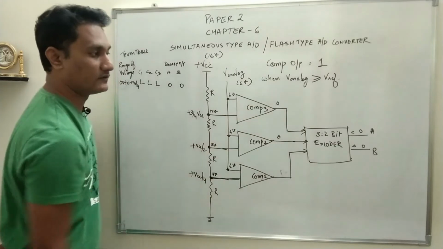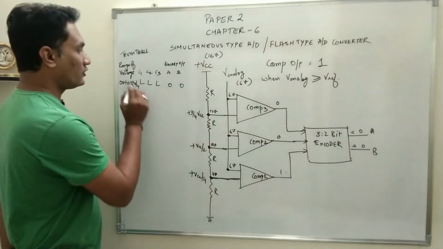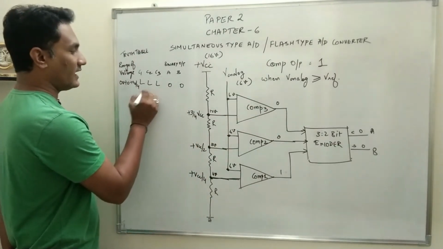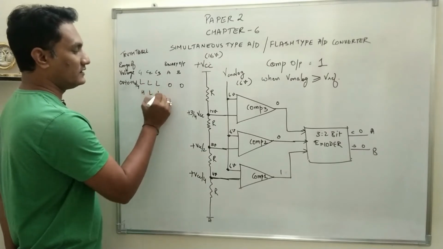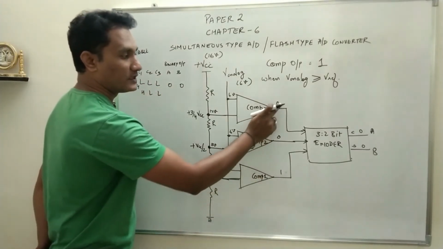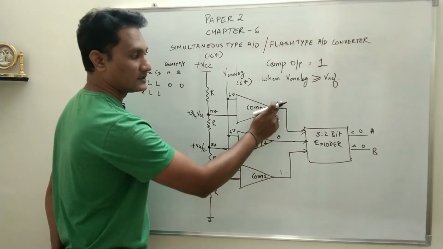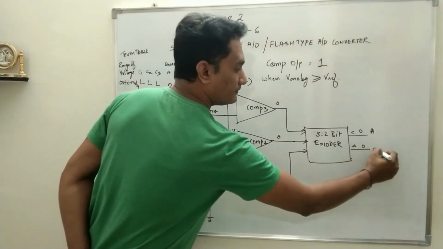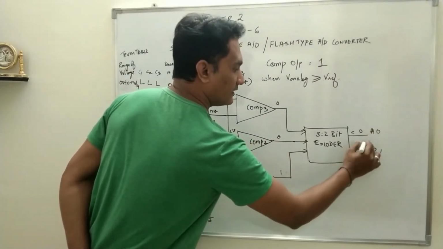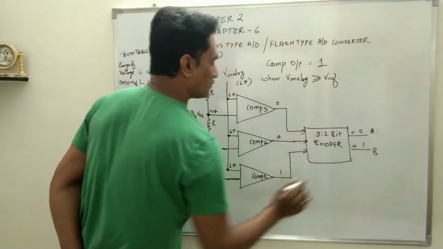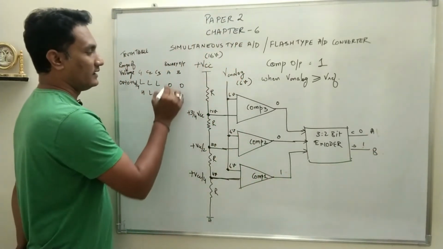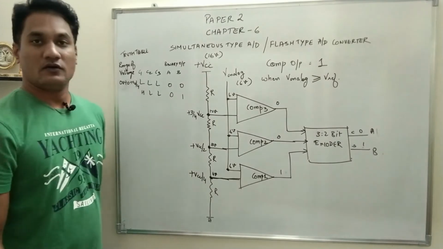So this is the condition which has to be checked. So what will be the output now at this point? C1 is high, C2 is low, C3 is low, and 1 plus 0 plus 0 will be sum 1 carry 0.